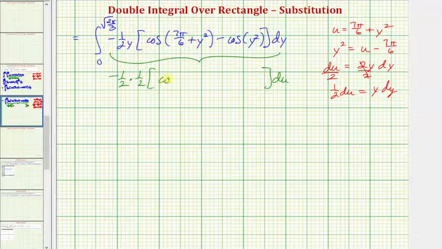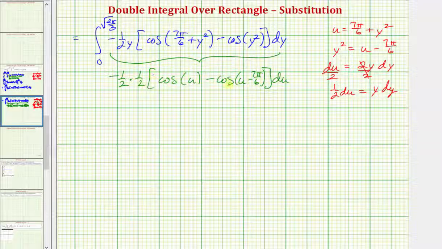and then we're going to have cosine of 7 pi divided by 6 plus y squared, which is equal to u. Then we have minus cosine y squared, where y squared is going to be equal to u minus 7 pi divided by 6.